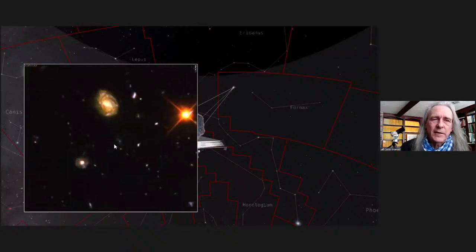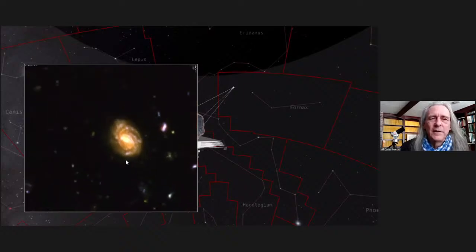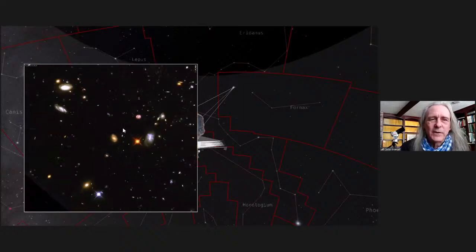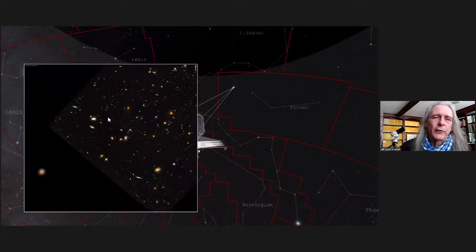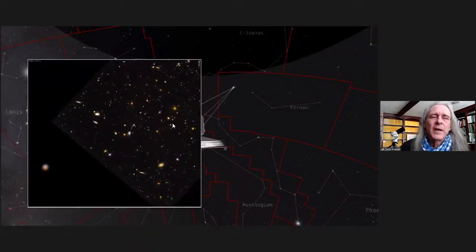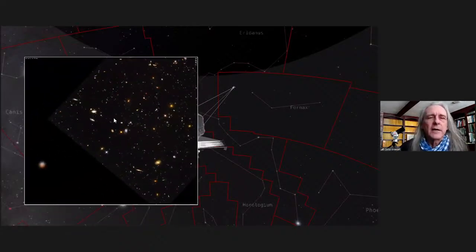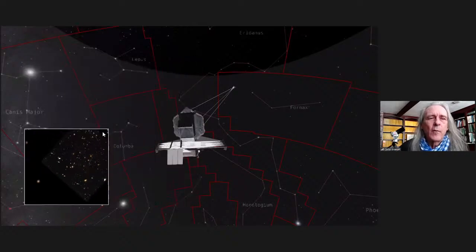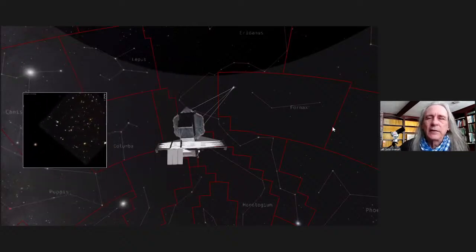And so our galaxy would look something like this, if we were to just look at the whole set here. And then the smaller they are, the farther and dimmer they are. Okay, so that's one of the objects that they're going to be looking at. Let me go to another one.